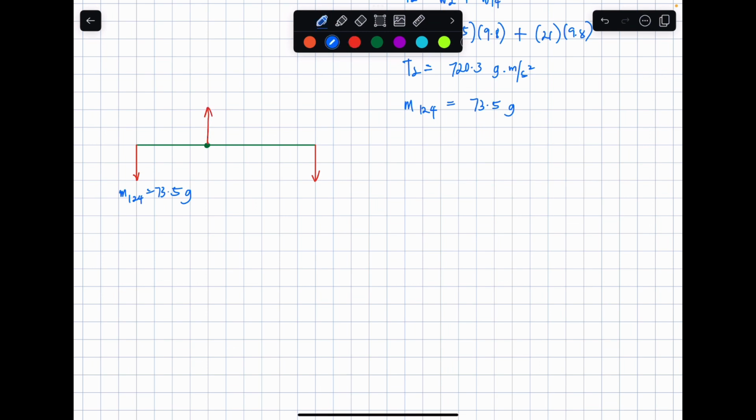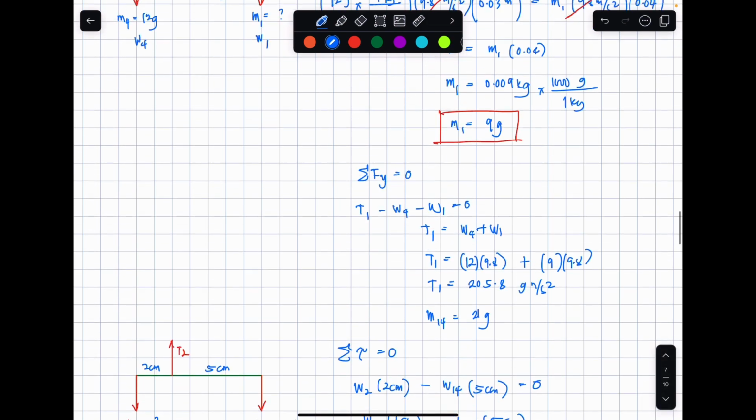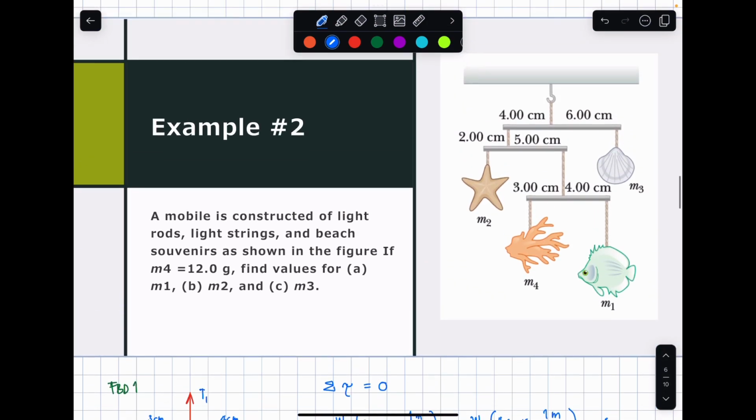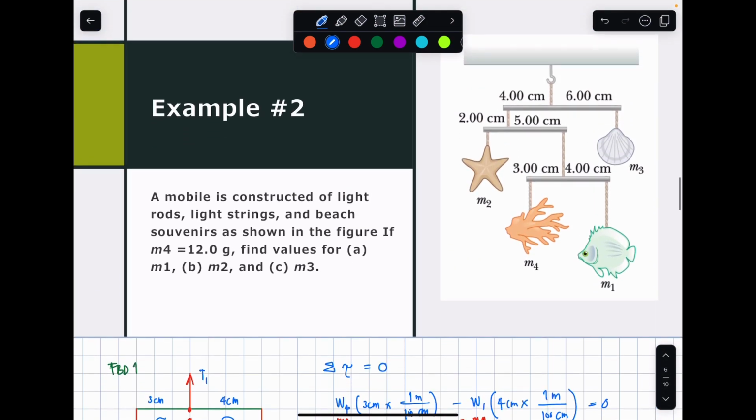So this is 4 centimeters and this is 6 centimeters. And this is M1 to 4, and this is M3.